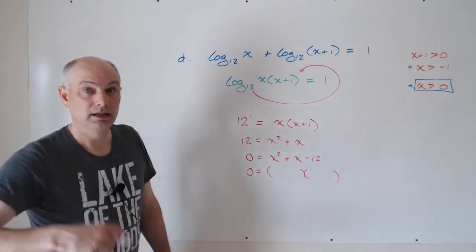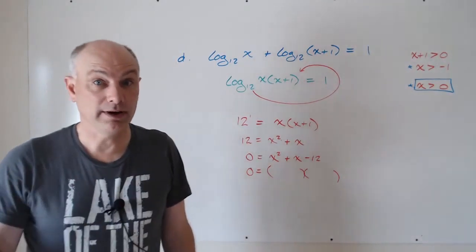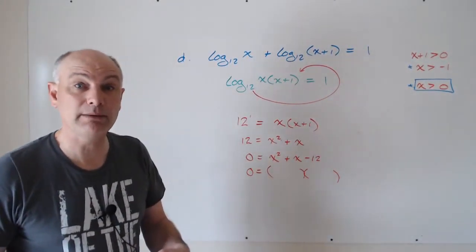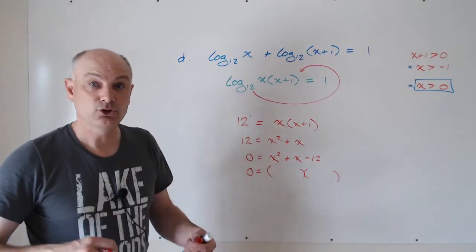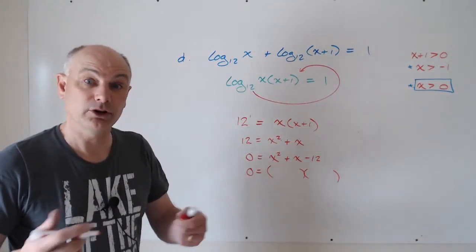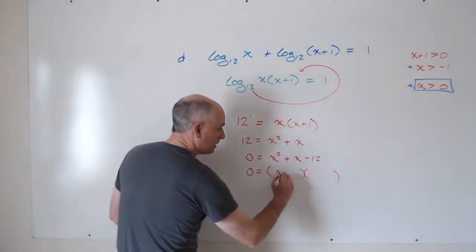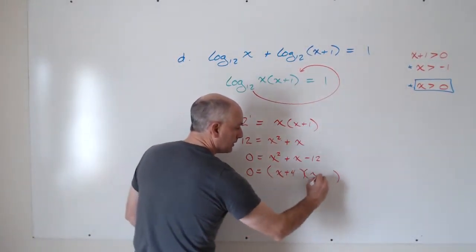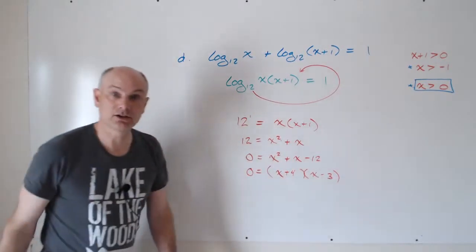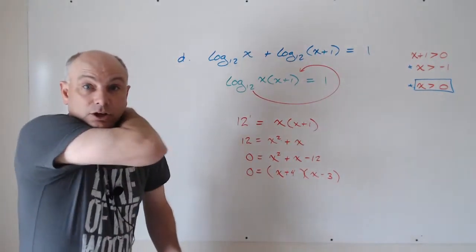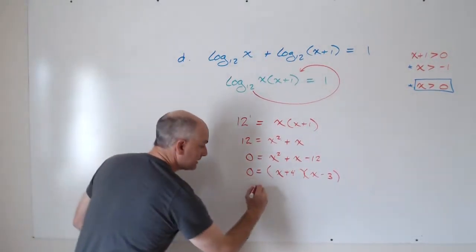Keep in mind, one number has to be positive and one negative, and if they're adding to a positive, the bigger of those two numbers has to be the positive. So if you're thinking 4 and 3 to make the 12, you're correct, and the 4 would have to be the positive. So we could argue x plus 4 and x minus 3. Now you should know exactly where to take it from here. We're going to go ahead and separate and solve.